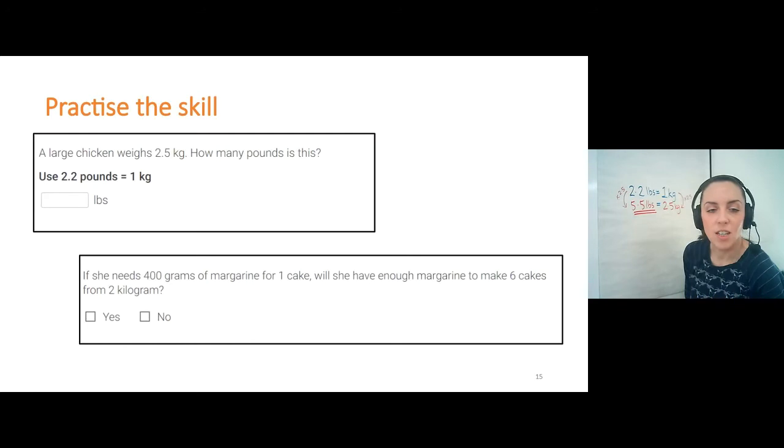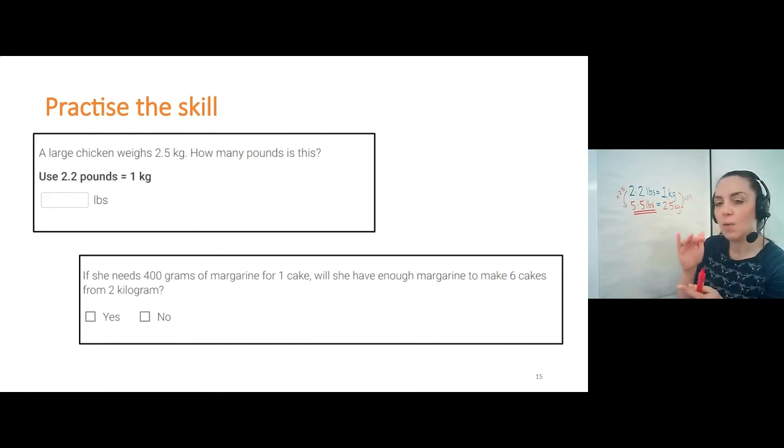So the next question, if she needs 400 grams of margarine, whoever she is, sorry, for one cake, will she have enough margarine to make 6 cakes from 2 kilograms? It's a yes or no answer. So this is, again, I've chosen this one because it asks you the question in a slightly different way. It hasn't given you the rule in such an obvious way like that one at the top did.